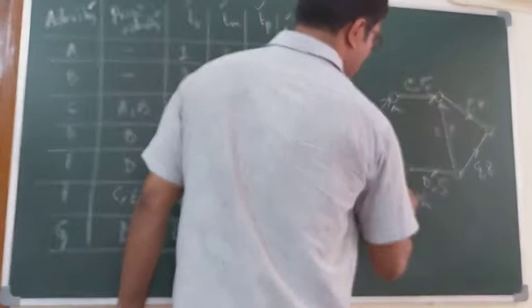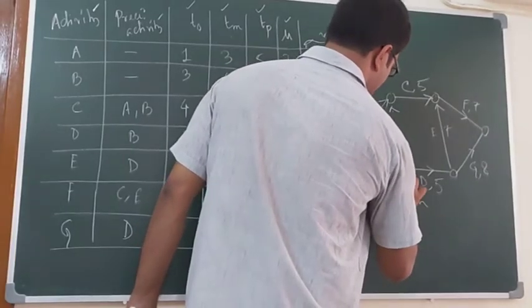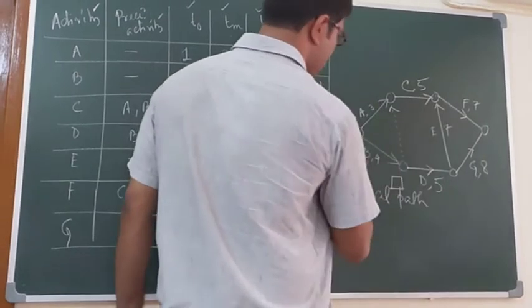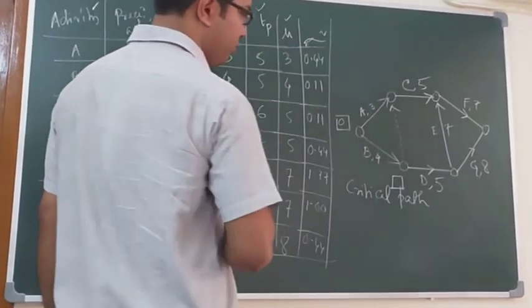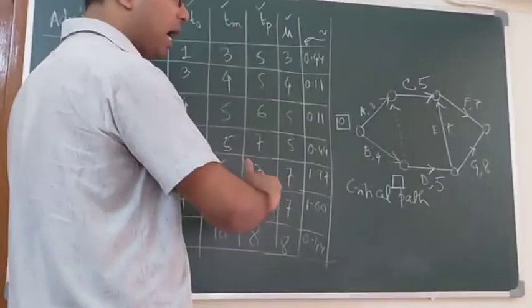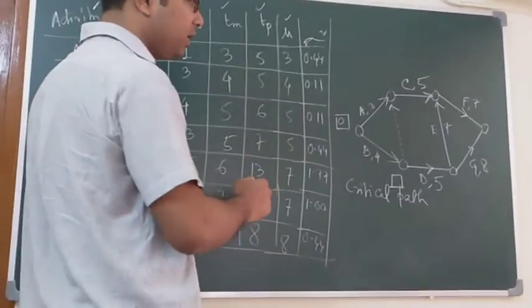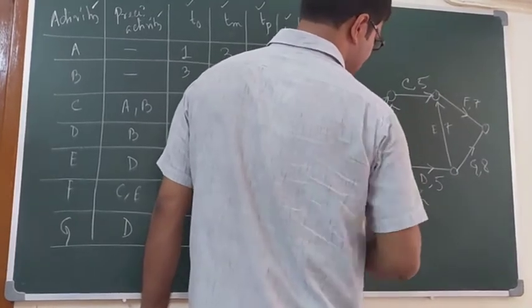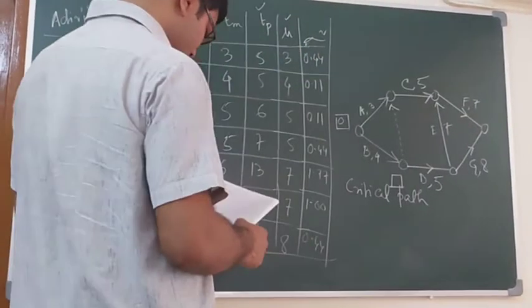Next we have to find the value of this particular event or node. Event and node are different from arc and activity. The value of this event is 4.